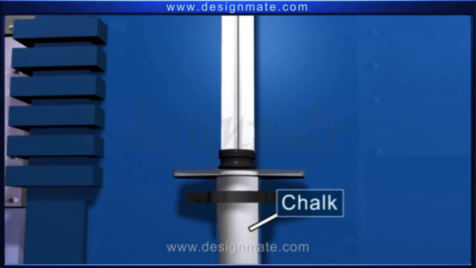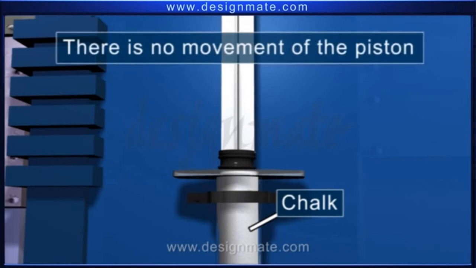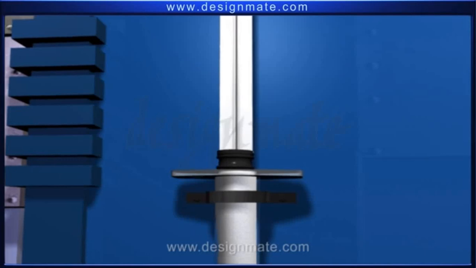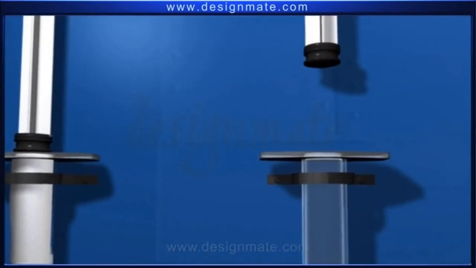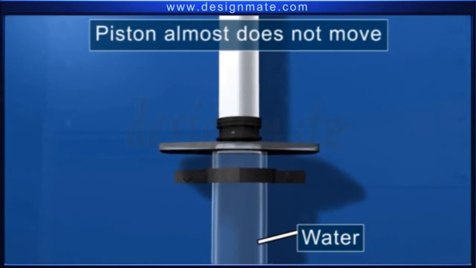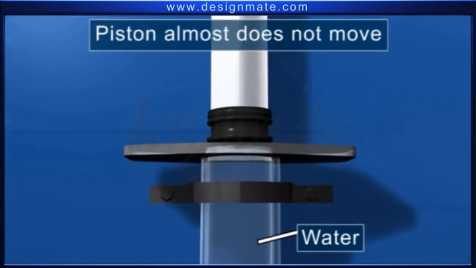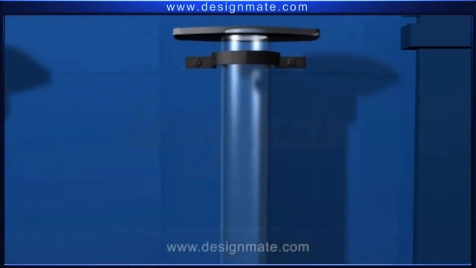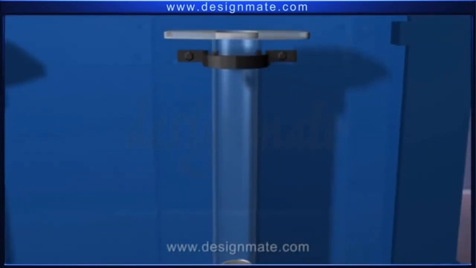Try to compress the chalk by pushing the piston in the first syringe. What do you observe? Here we can see that it is difficult to move the piston. Now try to push the piston of the second syringe. We can see that the piston almost does not move. Finally, push the piston of the third syringe.